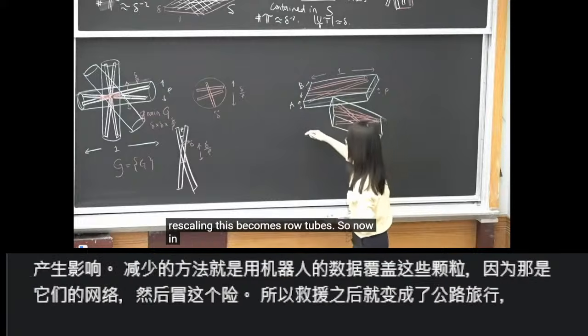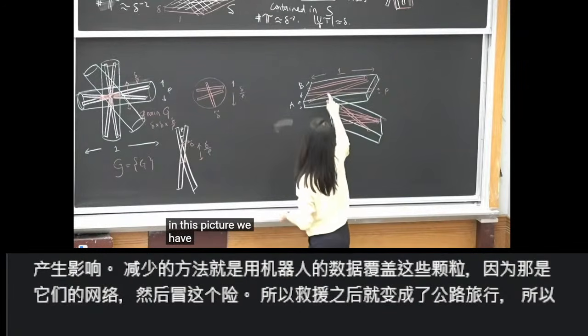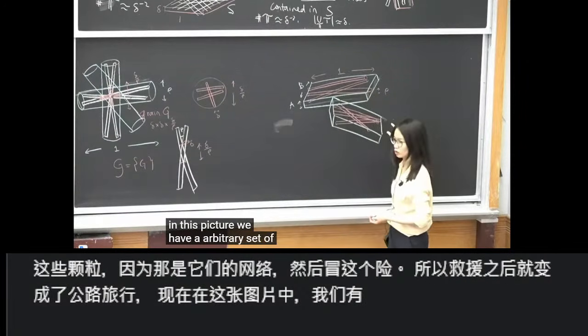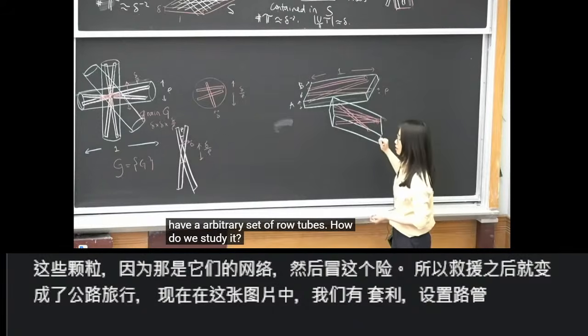So now in this picture, we have an arbitrary set of rho tubes. How do we study it?